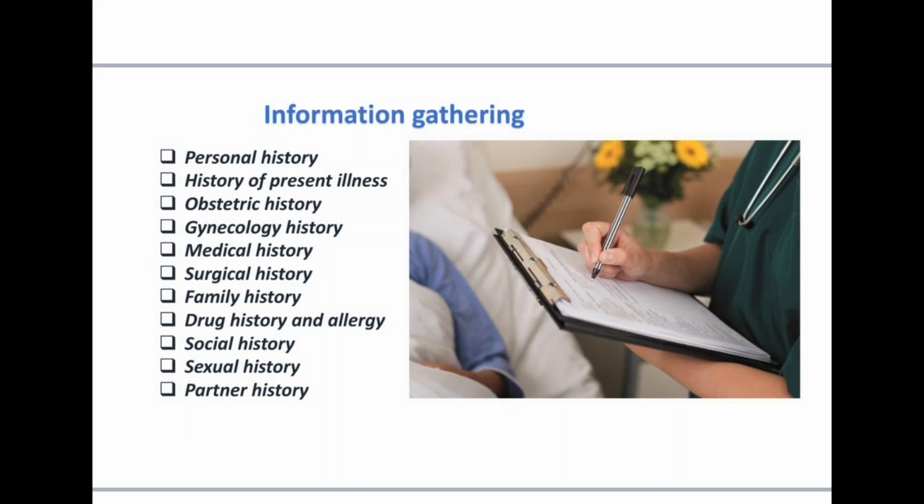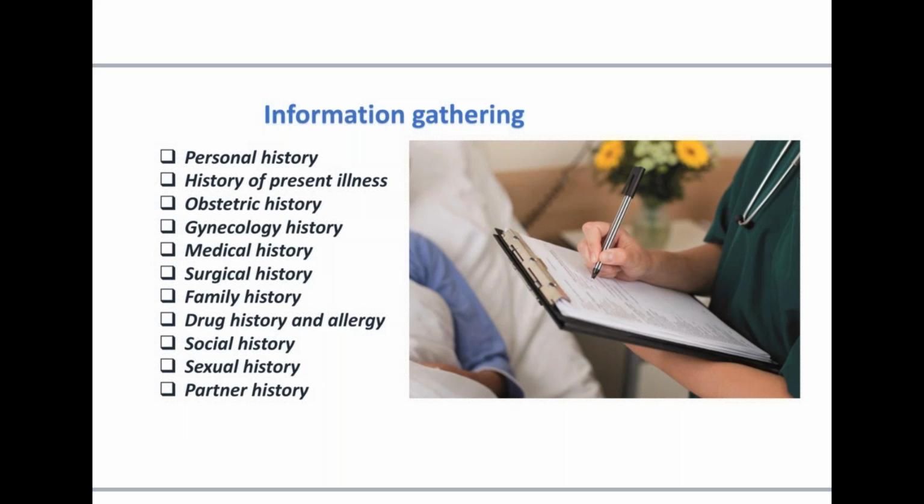We have a frame, so you have to put for yourself a specific frame so that you will not forget any of the items of the history, because very small information may help you a lot.